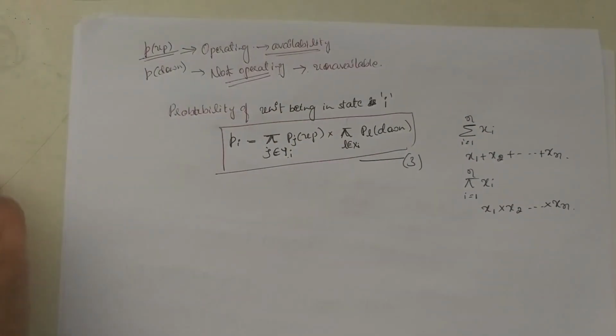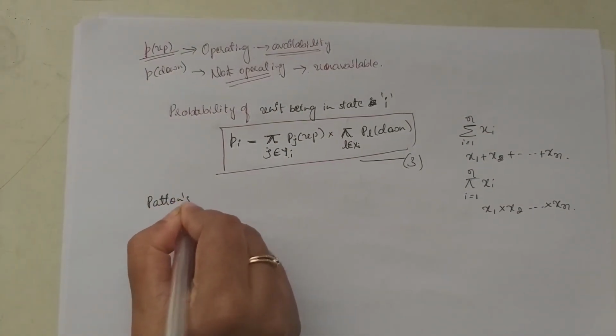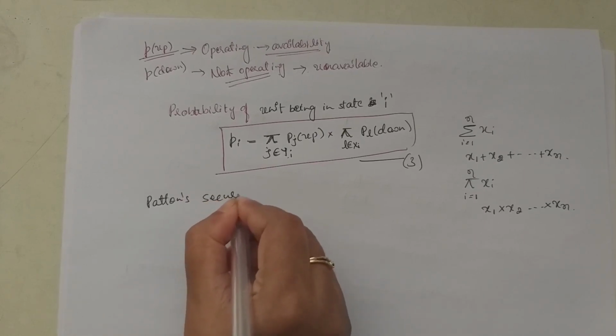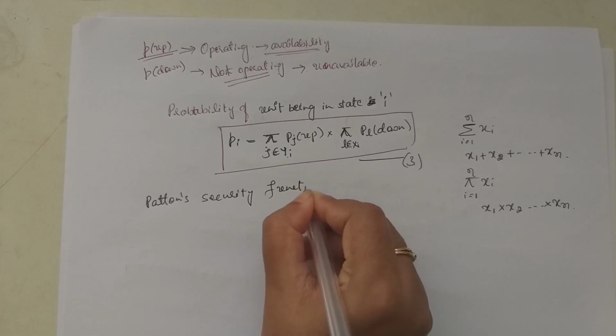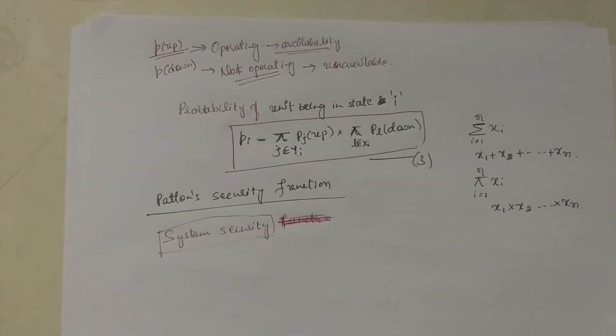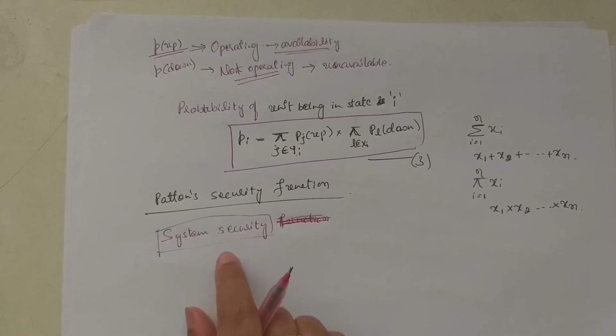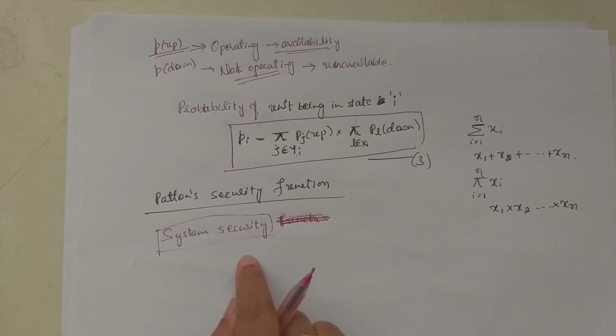Next concept is pattern security function. There will be system security in the power system. What it does, it keeps operating the power system though there is a failure.